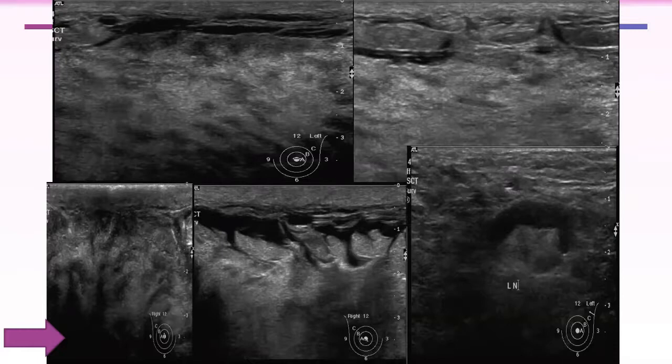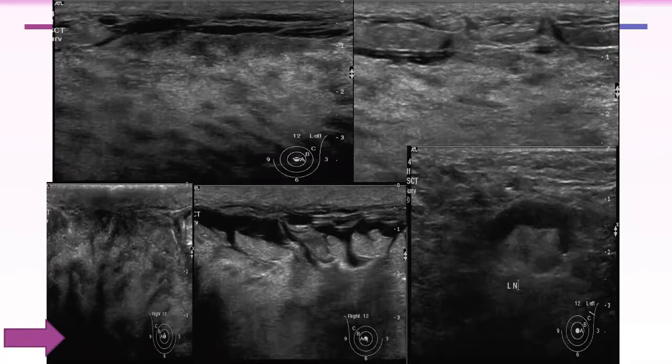Could be a malignant process. Malignant process, excellent, like carcinomatosis involving the lymphatics and leading to lymphatic obstruction. Excellent. Well done.